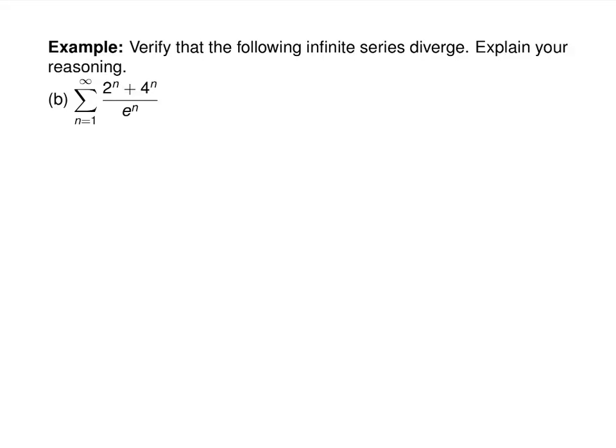For this next one, we're not going to use the test for divergence, even though it probably is theoretically possible. We are going to break this into two geometric series. Make this 2 to the n over e to the n plus 4 to the n over e to the n.